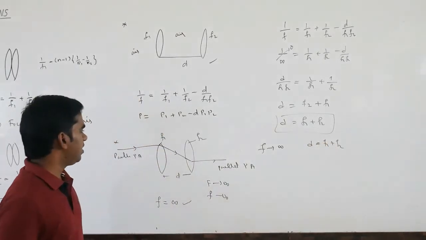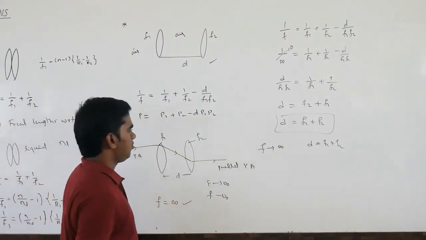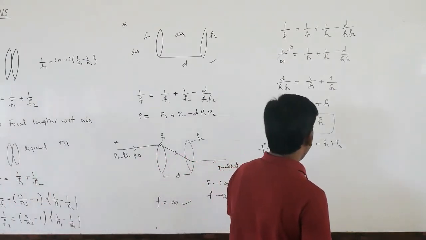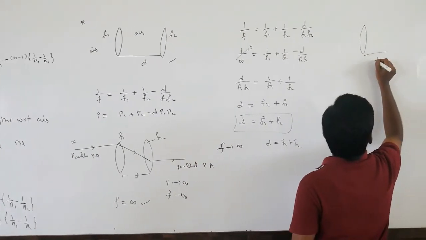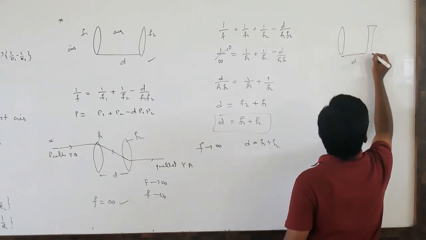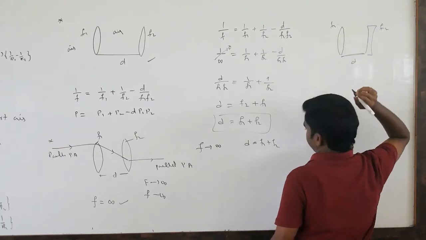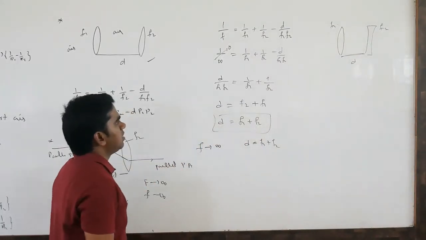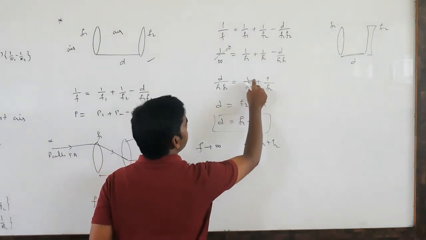Similarly, instead of both being convex, suppose one is concave. This is one convex lens, at some distance d there is another lens, a concave lens. This is f1, this is f2. If you calculate, f2 is going to be negative.